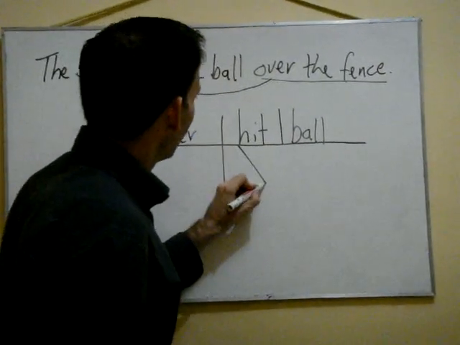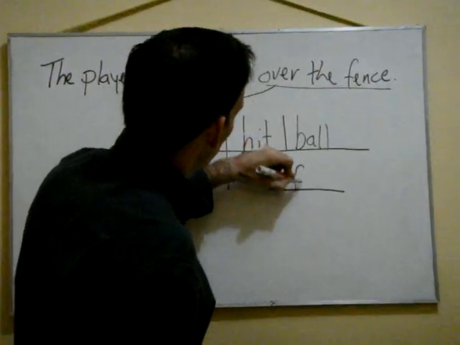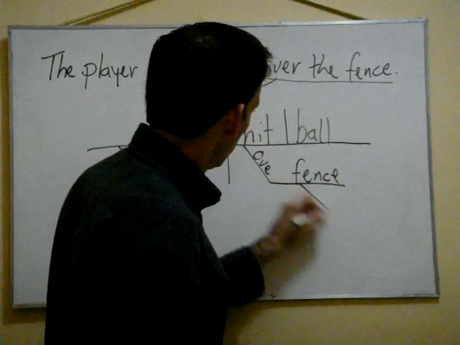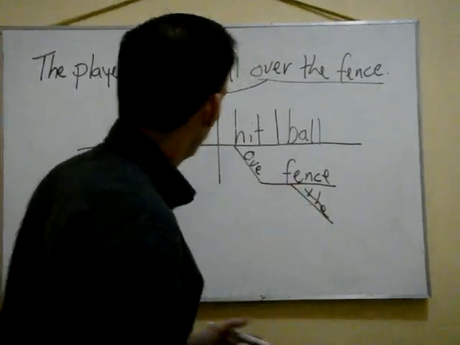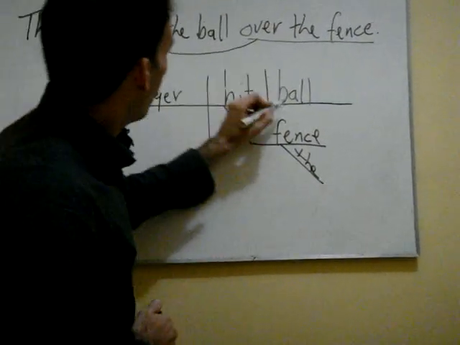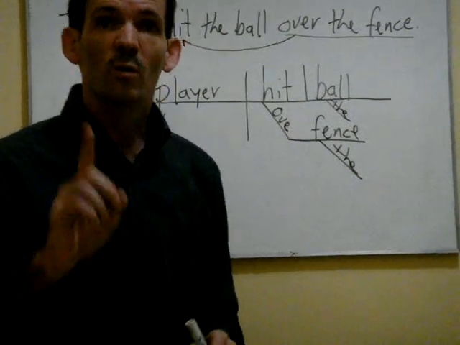So, we go just like this. Over, here's the object of the preposition. It's a noun, fence, and the modifies it. So, the player hit the ball over the fence. Just like that. Let's try one more.